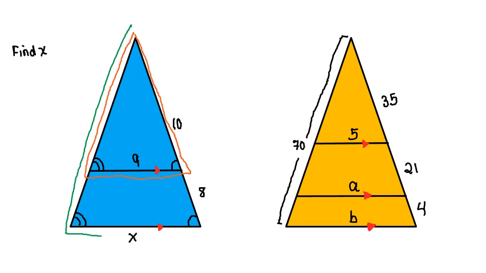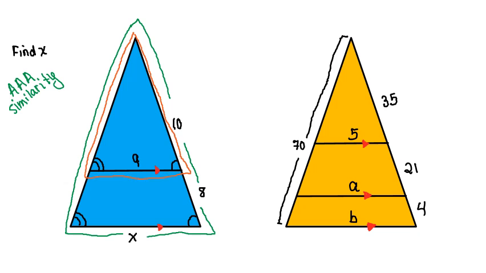Because we got these parallel lines and we have angles that all equal each other, we have a thing called the AAA similarity between two triangles. Angle, angle, angle, similarity postulate. Okay? And we know these two triangles have same angles because they share a top up here.